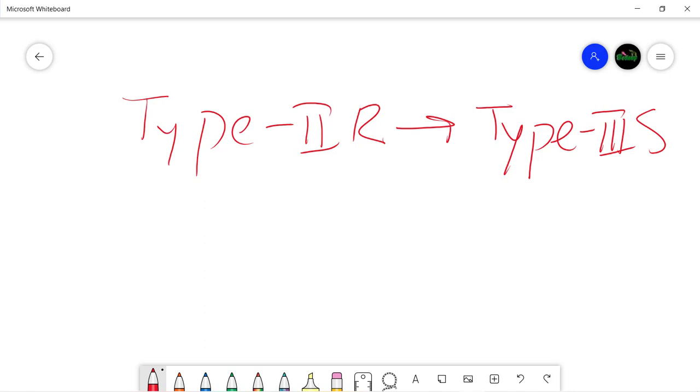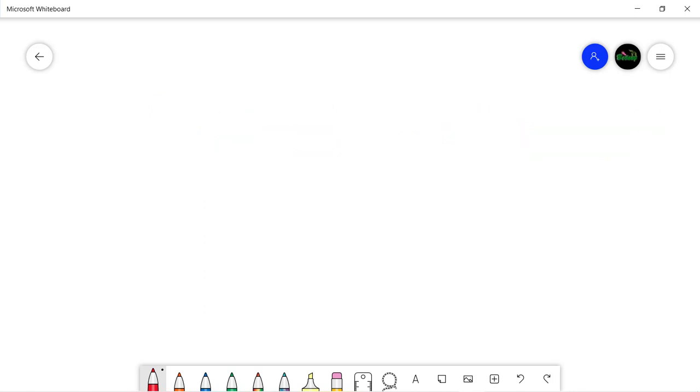Now our parent topic is recombination, that is how genetic material from one bacterium gets transferred into another bacterium. And as we saw in the first video, there are three mechanisms: transformation. The next one, or the second mechanism, is conjugation.